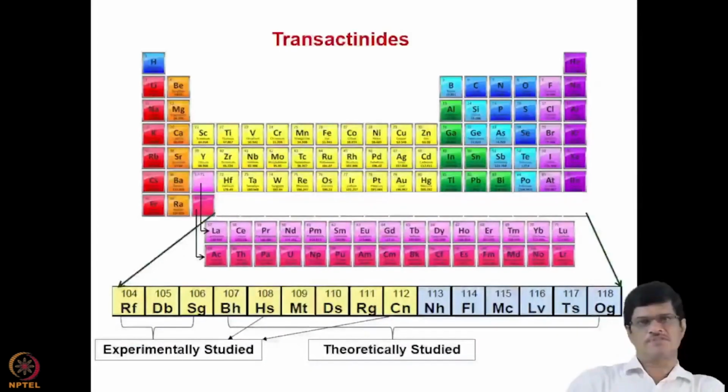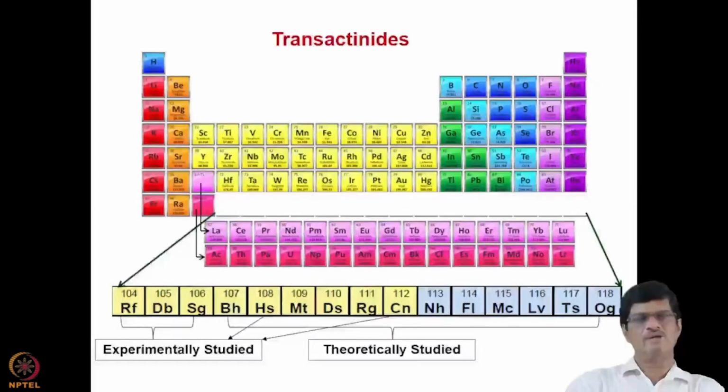Now, some of the first few transactinides are experimentally studied, and the later part of the transactinides are also theoretically studied. They have been determined by physical methods, that is by counting in the physics experiments, but for the chemistry experiments it is not possible because of the very short half-lives of some of the later transactinides.